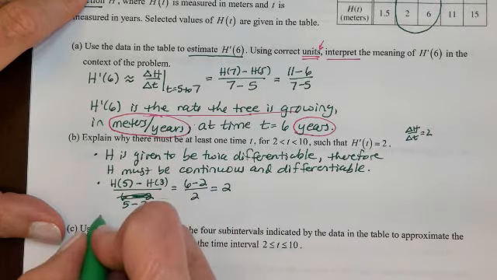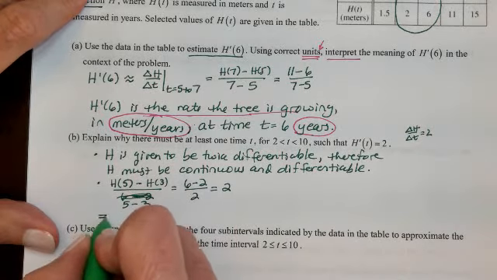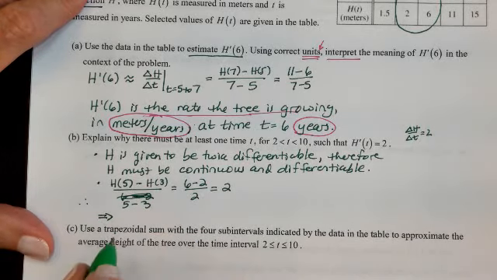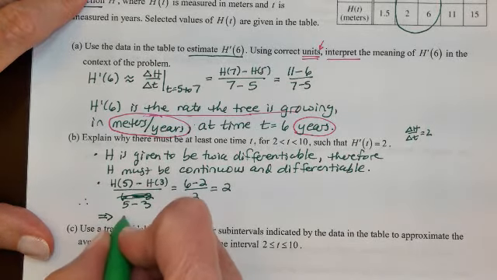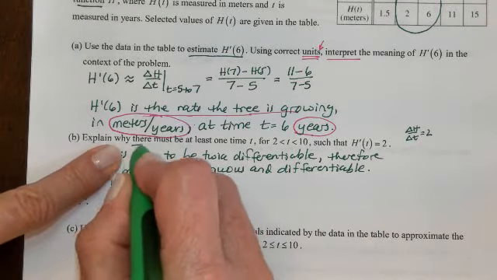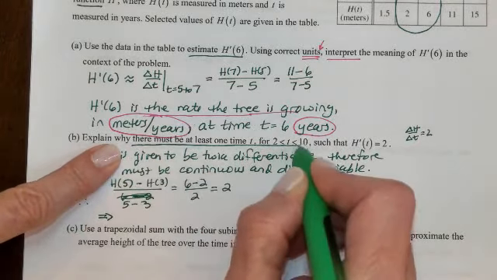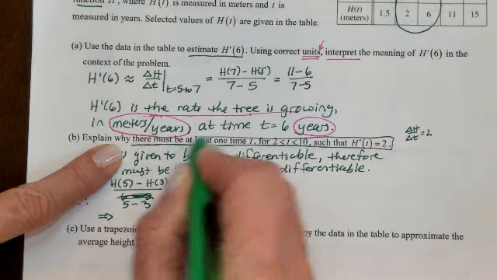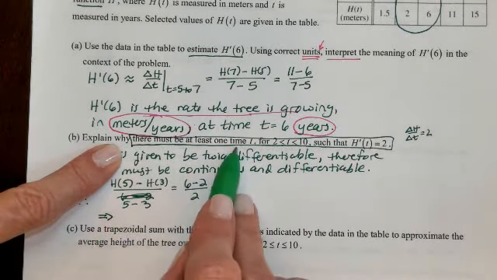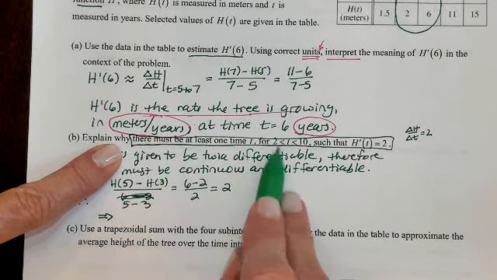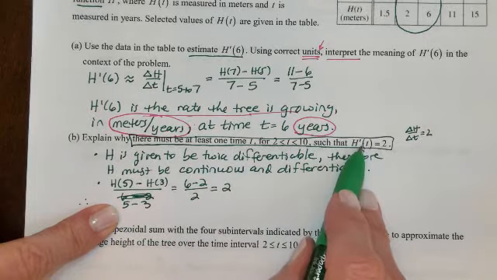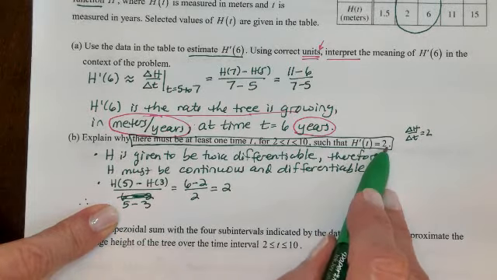So now I can say therefore, you can use 3 little dots or the little arrow here, therefore there must exist. You can come up here, you guys, and write this exact thing. Therefore, there must be at least 1 time t for t between 3 to 5 such that h prime is equal to 2.